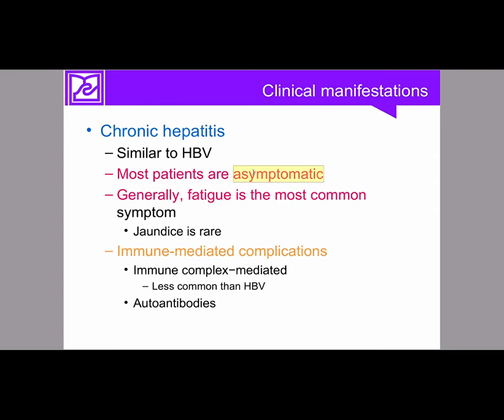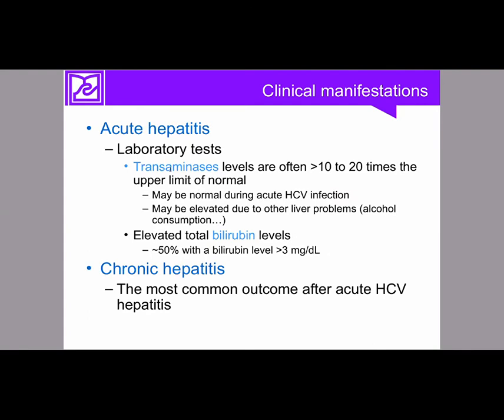So I want to tell you something about clinical medicine. When I was working as a medical doctor, I remember some patients around 40, 50 years old, they came to the hospital with fatigue. Only fatigue, nothing else. No fever, no jaundice, nothing. And when I ordered some laboratory tests, I found transaminases increased.